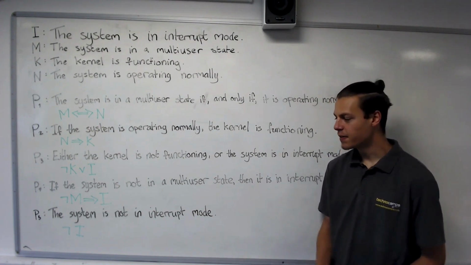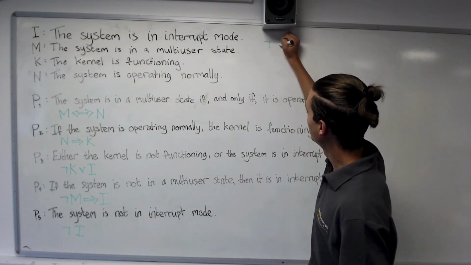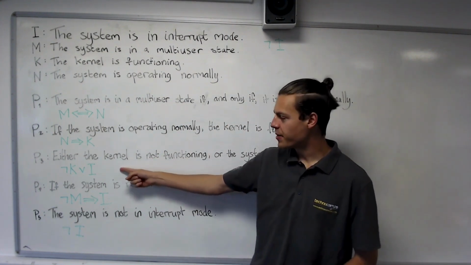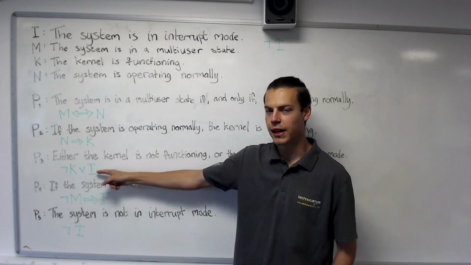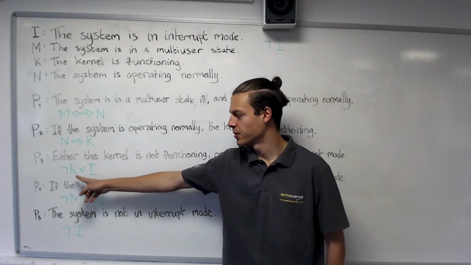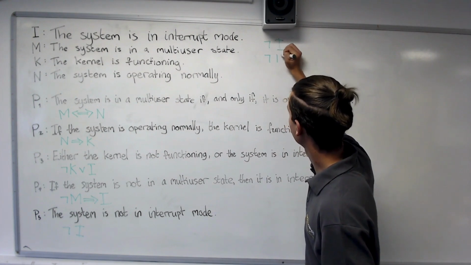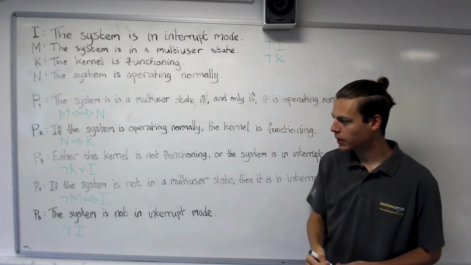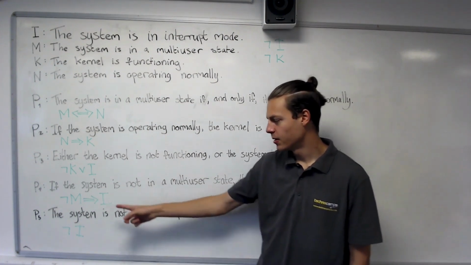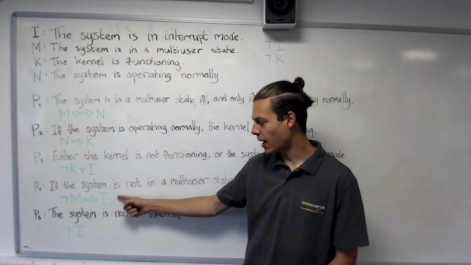Then P5 tells us not I. Now P3 says not K or I. Well, we know that not I, so we must have not K. Now P4 says if not M, then I. Well, we know that I is false, right?